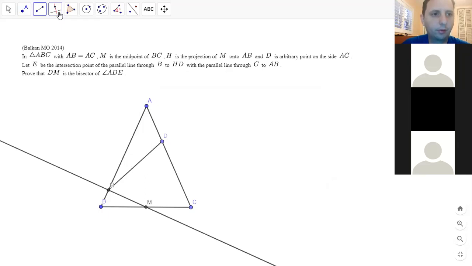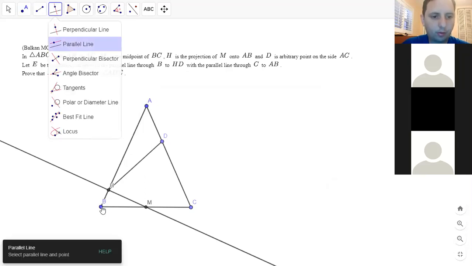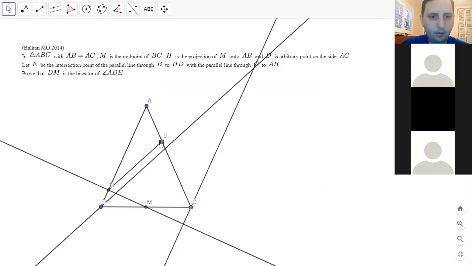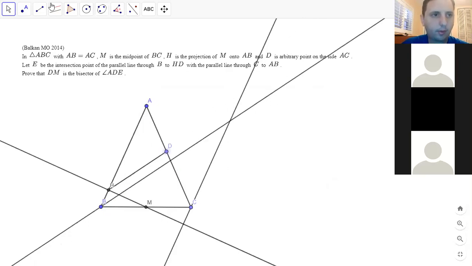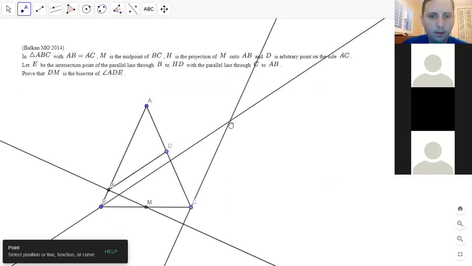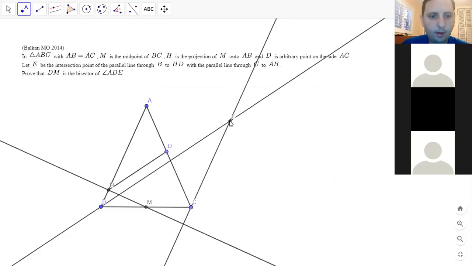Oh, that's kind of interesting. So parallel through B to HD with the parallel through C to AB. Okay. So I'll draw something like that. So this is E. And then we want to show DM bisects angle ADE. That's interesting. Okay.